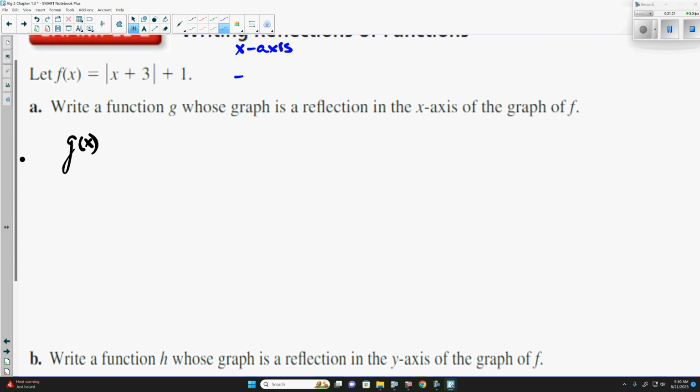We're talking about negative f of x. If we're reflecting across the y-axis, it's f of negative x. And for this first one here, we want a reflection across the x-axis. So what we're saying is that g of x is equal to negative f of x.